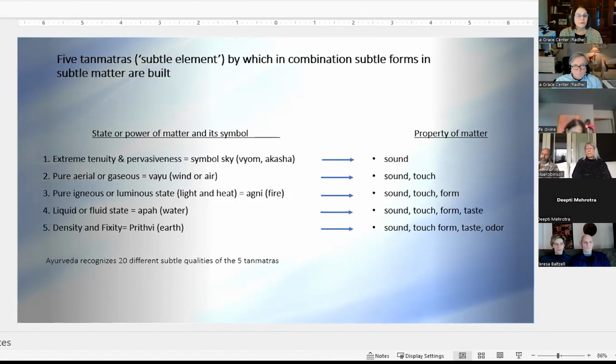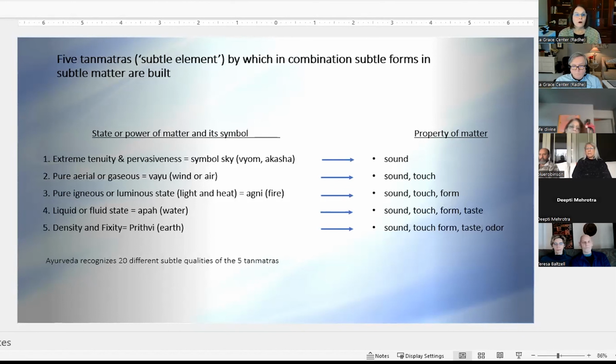The first that they perceived was the original state of subtle matter, which is the pure ethereal, of which the main characteristics are tenuity, or lack of substance, or thinness, and pervasiveness.